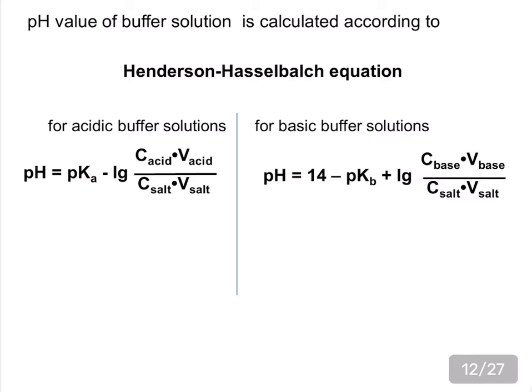When you discuss the theory of dissociation together with your teacher, you will know what acidity constant and basic constant mean. And then you will calculate different pH values for different buffer systems.